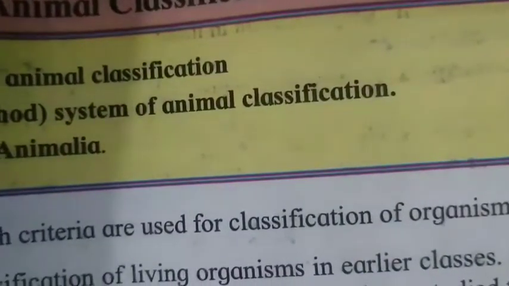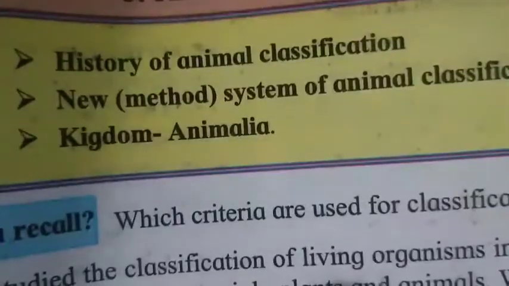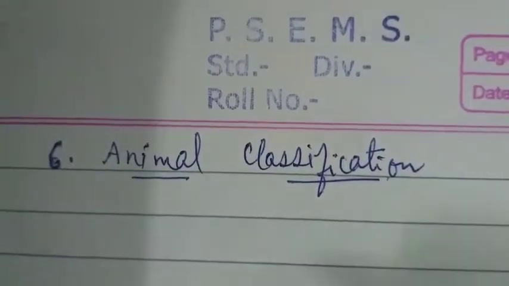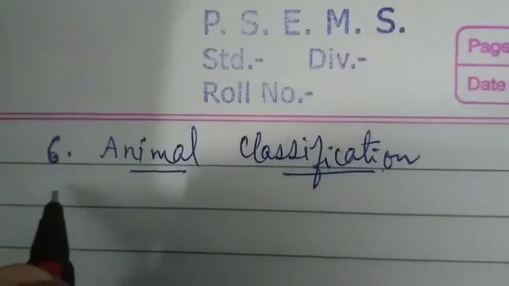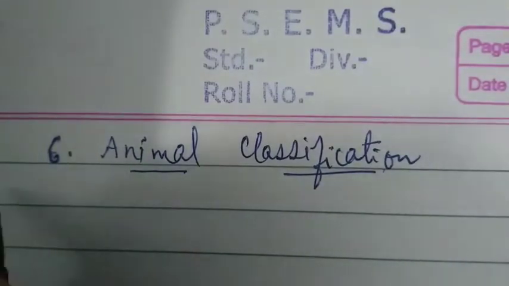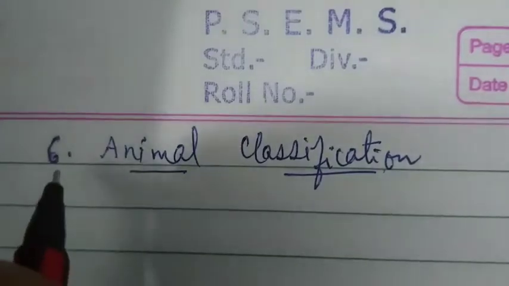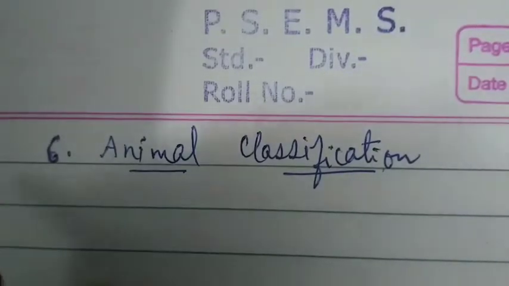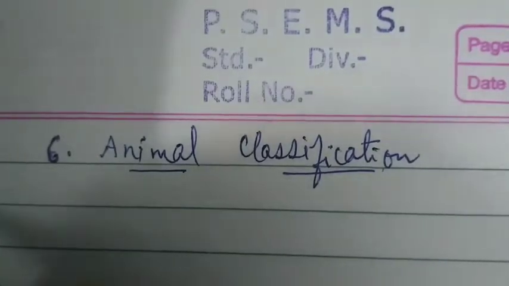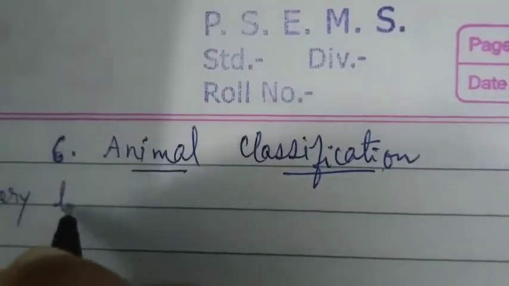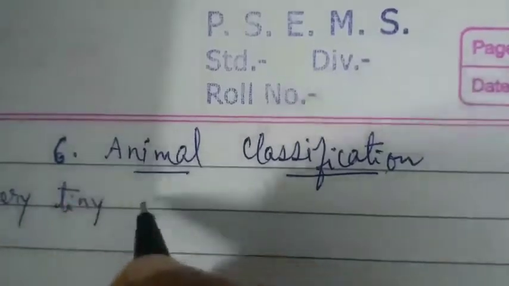This is a question, so try to think over it. Now, can you recall what is the criteria for classification of living organisms? Living organisms are classified based on whether they have a well-defined nucleus or not. Now, the organisms are very tiny, which we cannot see with naked eyes.